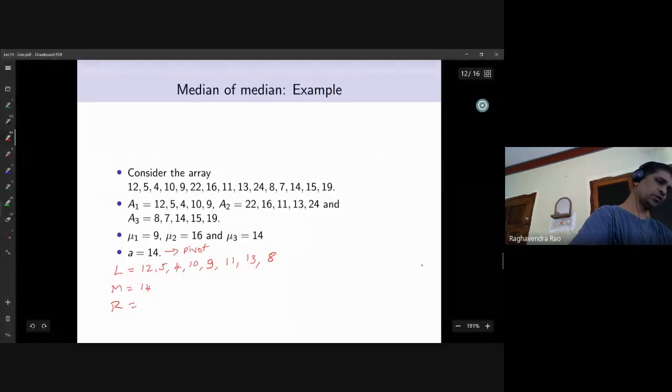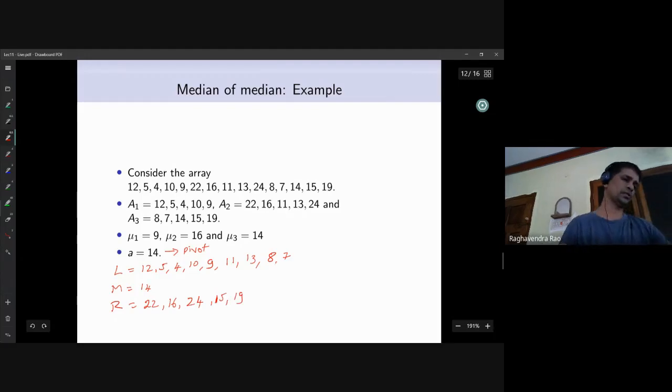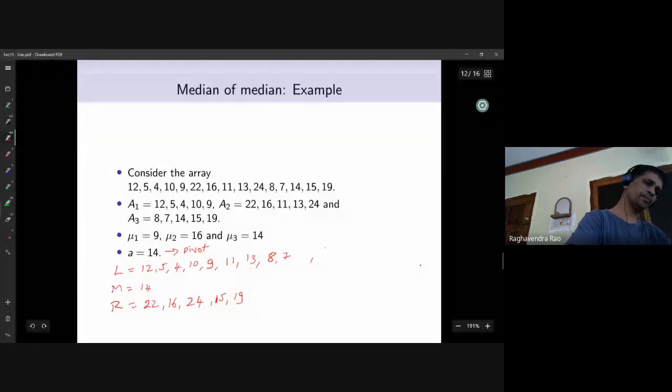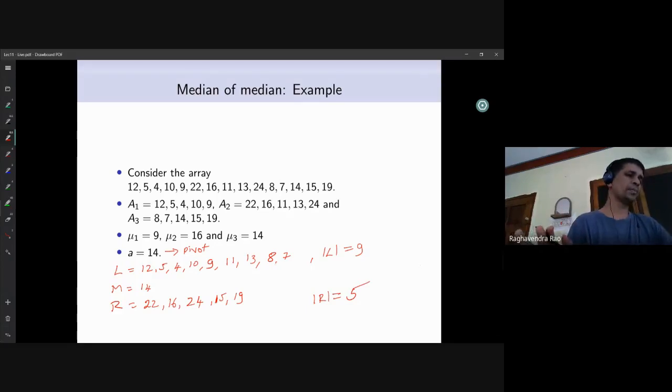So 22 here, then 16 here, then 24 here, then 8, 7, 14 is here, so 15 comes here, and 19. That is it. So what is the size of L? 3, 3, 6, 3, 9. Size of L is 9. What is the size of R? Should be 5. So this is the partition.